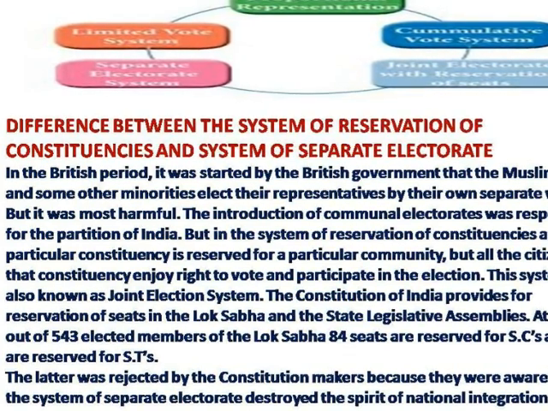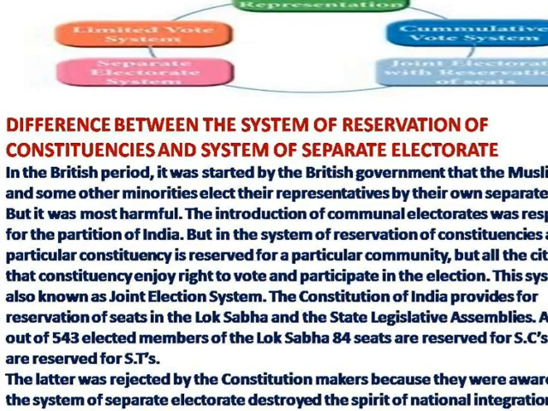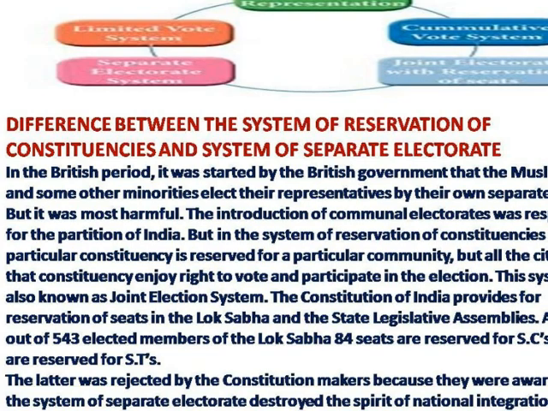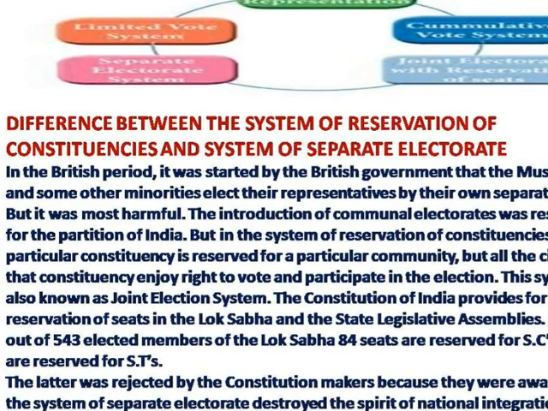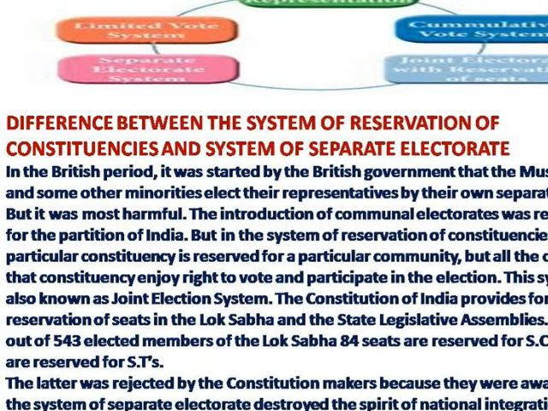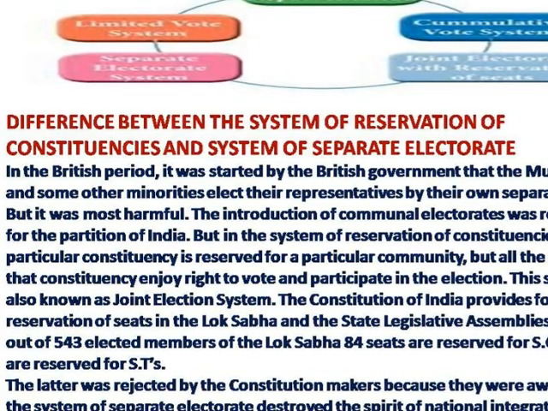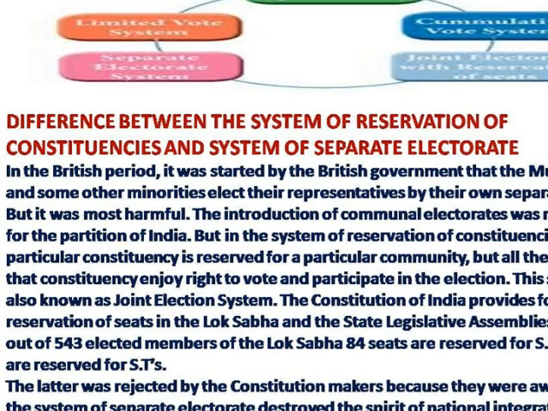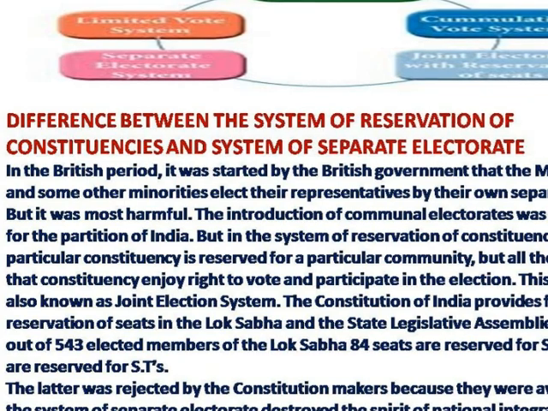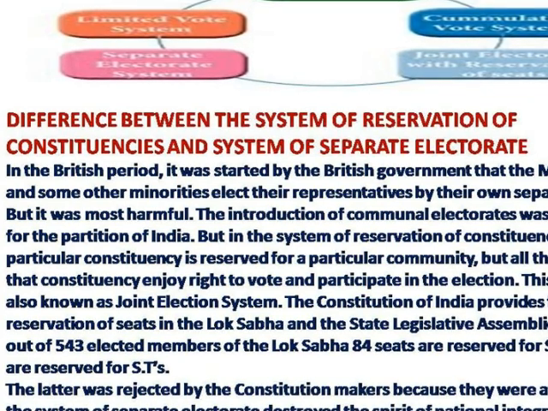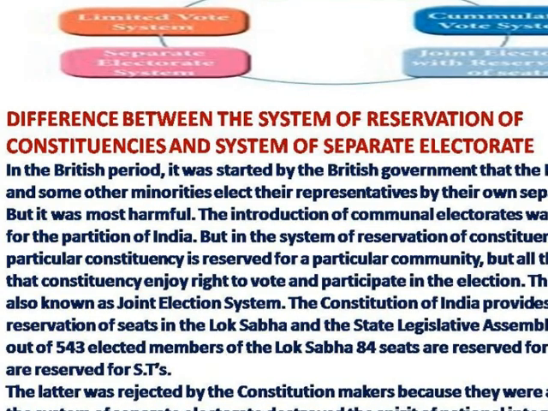But in the system of reservation of constituencies, a particular constituency is reserved for a particular community. But all the citizens of that constituency enjoy the right to vote and participate in the election. This system is also known as the joint electorate system. The Constitution of India provides for reservation of seats in the Lok Sabha and the state legislative assemblies.